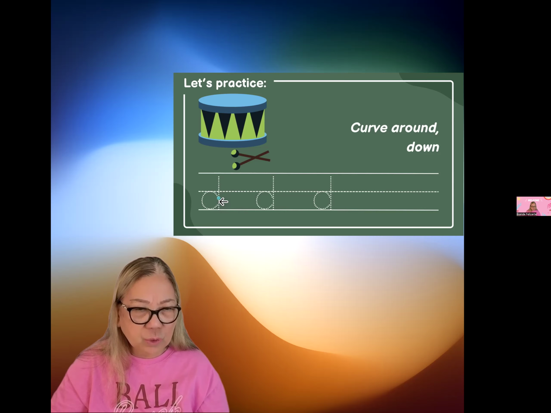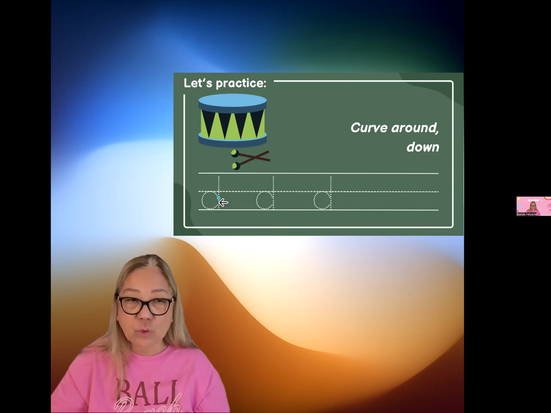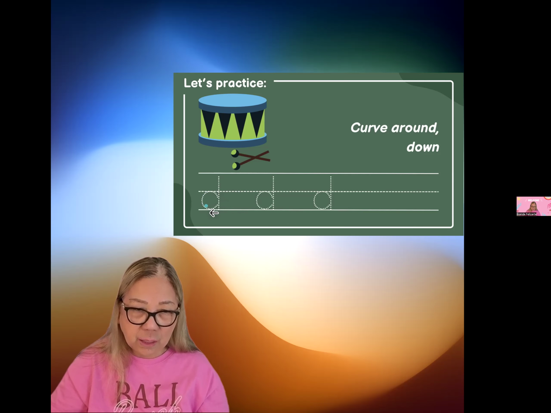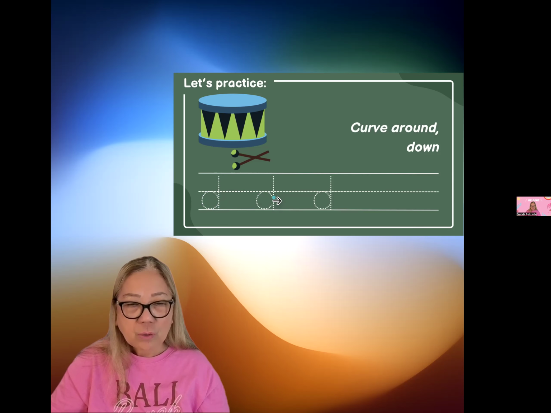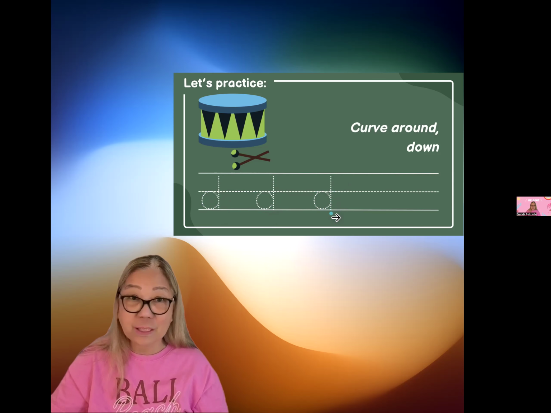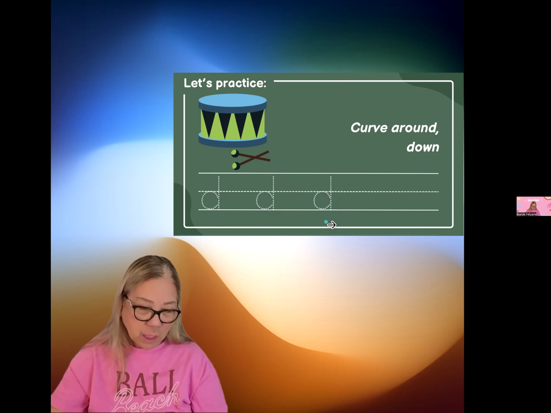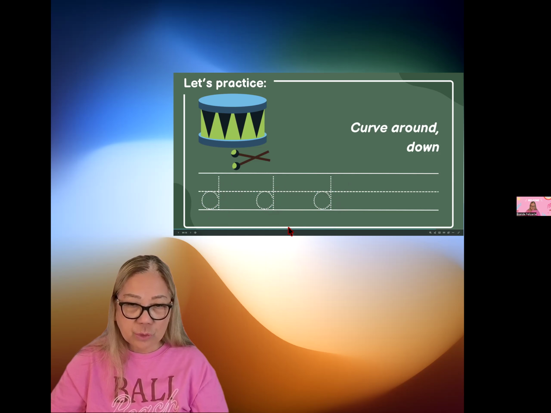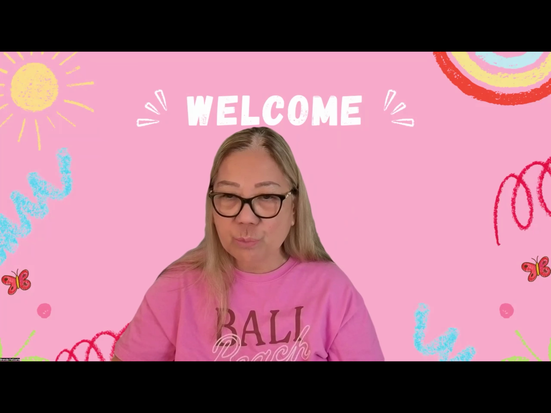For the lowercase d, you only have to use the second line, curve, and then one line down. Make a circle, and then one line down. It's easy, right?